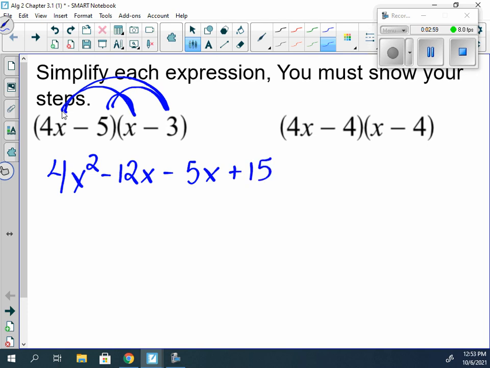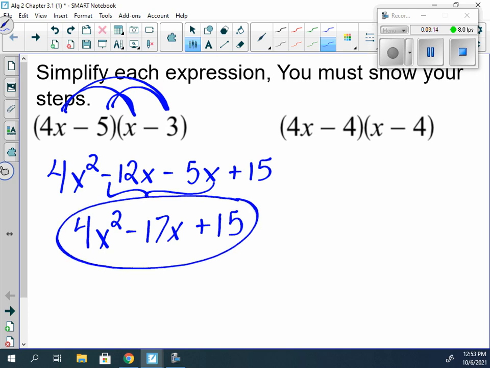Now we do need to combine our like terms. 4x squared, then negative 12x minus 5x is negative 17x, plus 15. And that's just using the distributive property. We get to a quadratic, our ax squared plus bx plus c.